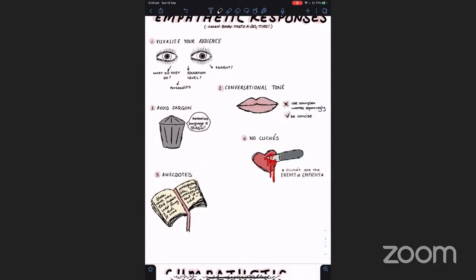Logos is an appeal to logic. I'm pretty sure. Logos, logic. And ethos is an appeal to ethics, so a person's character. I hope that covered it.